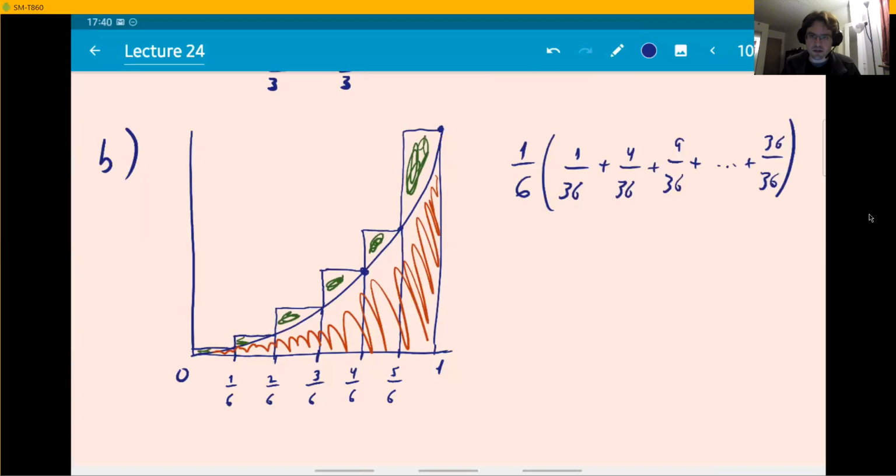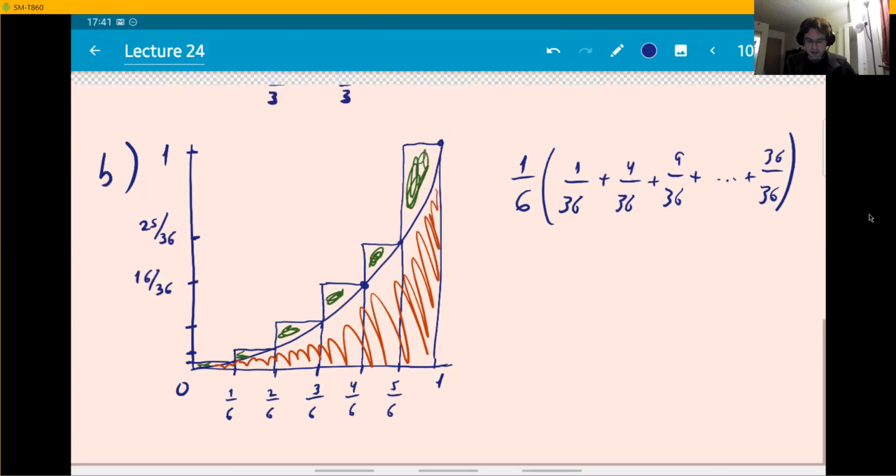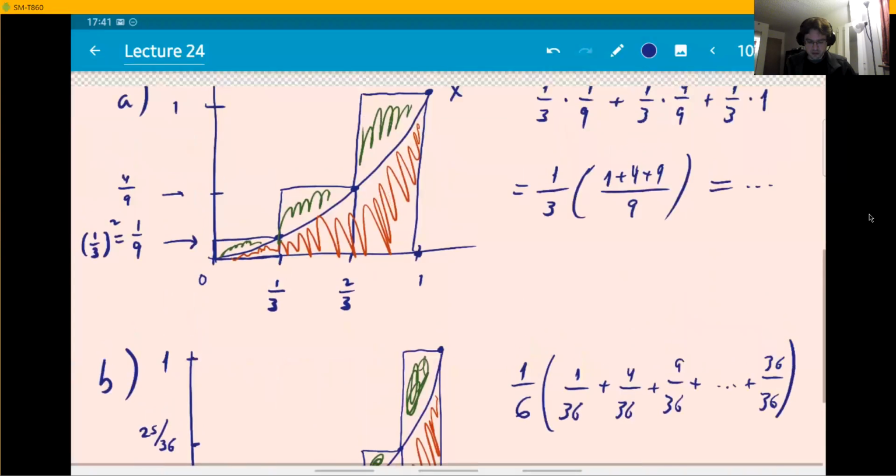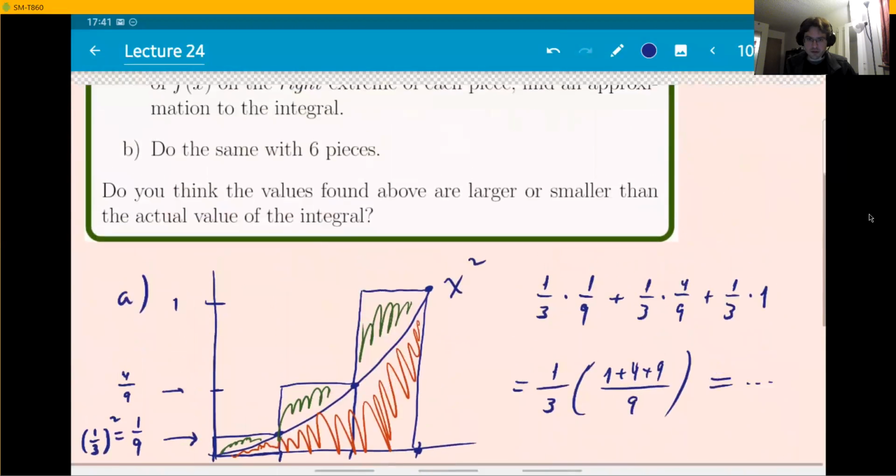I'm going to leave this just like that. So you see what those numbers are, right? They were the values of the function, which is the x squared function. Those are the heights of these rectangles. So I just answered the last question of the problem verbally. I'm not going to write it down on the screen.